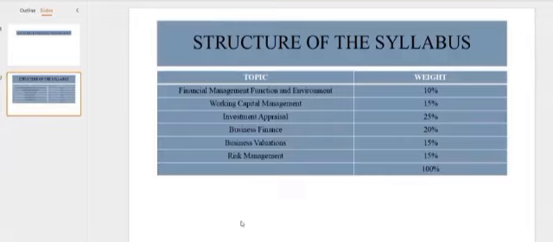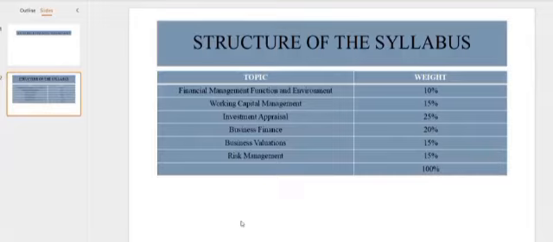So, talking about financial management, what you need to know in this aspect of the syllabus, financial management function and environment, you need to understand the purpose of financial management. That is, students need to understand how finance helps manage a business and how it links with accounting.